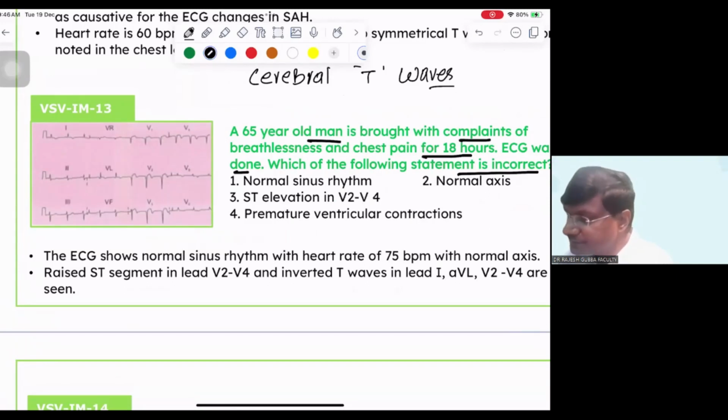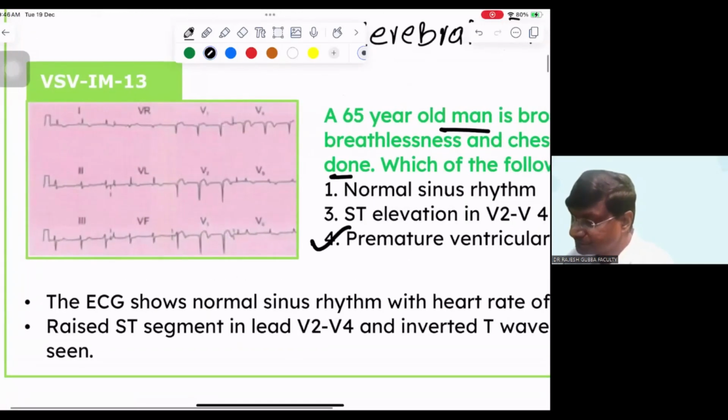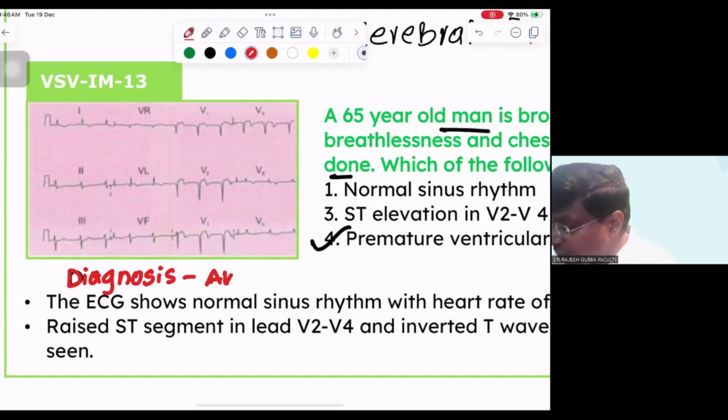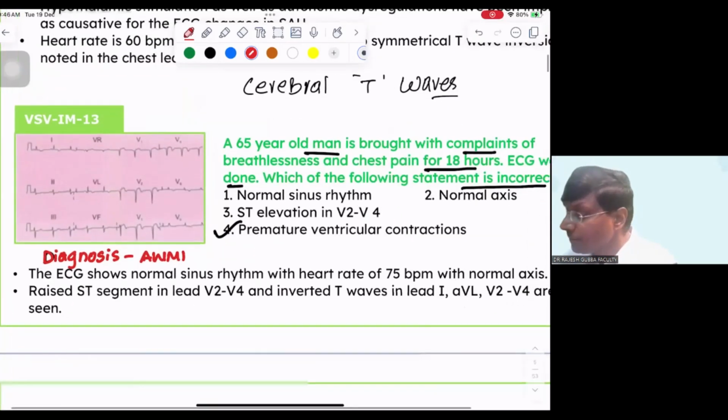So the answer is premature ventricular contractions are not observed. Can anyone tell me the diagnosis of this ECG? Very good. So that is anterior wall MI. Right? Anterior wall MI.